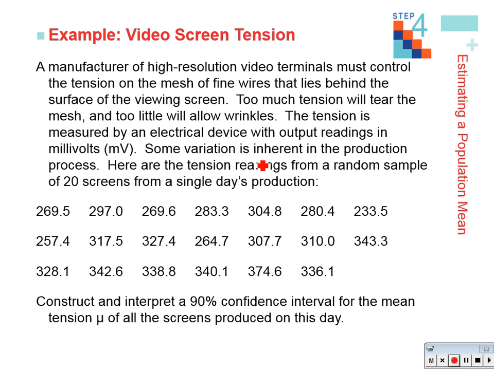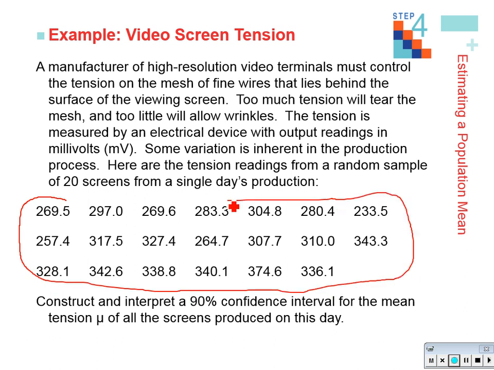Here are the tension readings from a random sample of 20 screens from a single day's production. The question says to construct and interpret a 90% confidence interval for the mean of all screens produced on this day. So instead of giving you the mean and standard deviation, they're giving you the actual data values that they sampled from the 20 screens they chose.